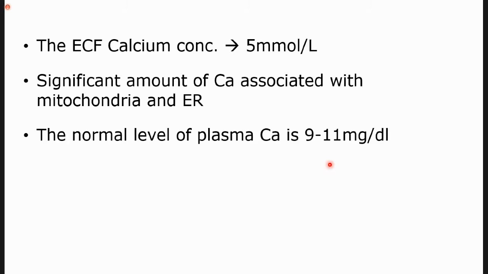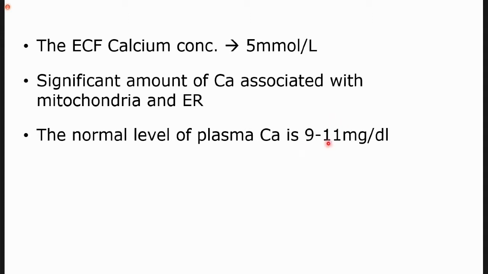The normal level of plasma calcium is 9 to 11 milligrams per dl. What you need to remember here is that the human body tries to maintain the plasma calcium at approximately 10 milligrams per dl. However, we have a reference range from 9 to 11.